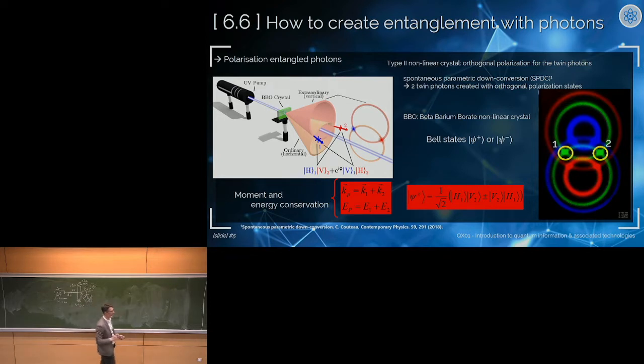Because one thing I haven't talked about so far is that, besides momentum conservation and energy conservation, there's also something else that has to be conserved, which is the polarization of light. And in this particular case, we use what's called a type 2 crystal. What it means is that when you create the two photons, photons 1 and 2 have orthogonal polarization.